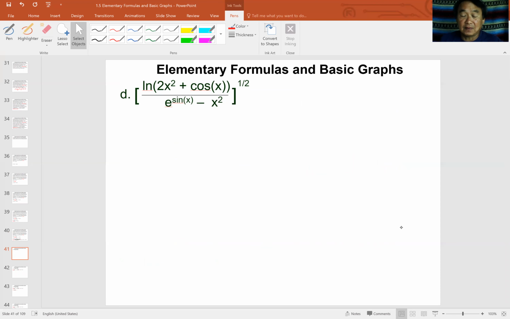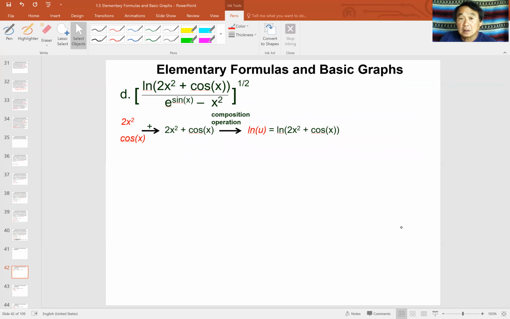Yeah, here's a kind of three-layer function. We take the things we got before for the numerator, log of blah blah blah, which is a two-layer formula, and the bottom one is two-layer because I feed the x into sine, the sine x is then fed into the exponential formula.